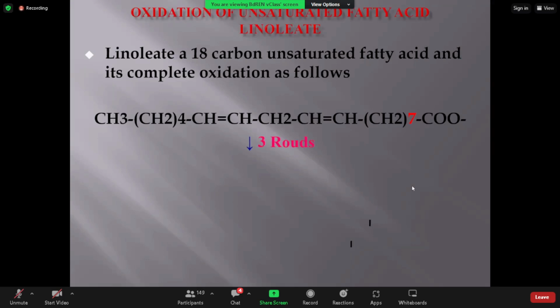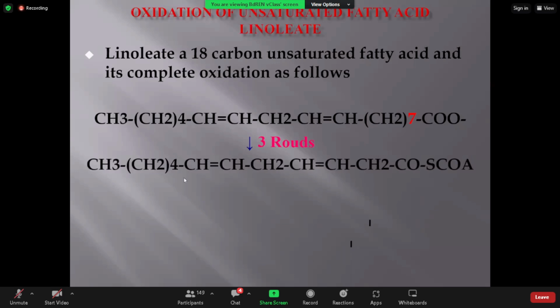So as 6 carbon is released, the chain will look like this. 6টি কার্বন এখান থেকে চলে গেছে, যার ফলে এখানে 6টি কার্বন নেই। So initially it was 18 carbon, now it contains 12 carbon because 6 carbon has already been released by the 3 rounds, and where 3 into 5 equal to 15 ATP has already been produced. এখান থেকে আমরা দেখতে পাচ্ছি 3টা রাউন্ড দিয়েছে, প্রতি রাউন্ডে 5টা করে ATP তৈরি হয়। So 3 into 5 equal to 15 ATP has already been produced, and during the activation of this fatty acid 2 ATP has already been used. So net ATP will be 13.